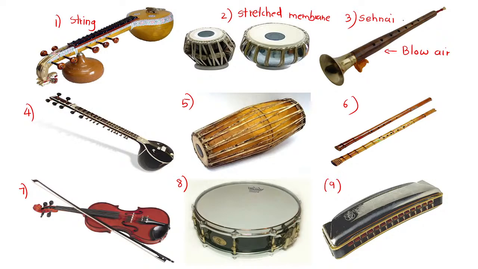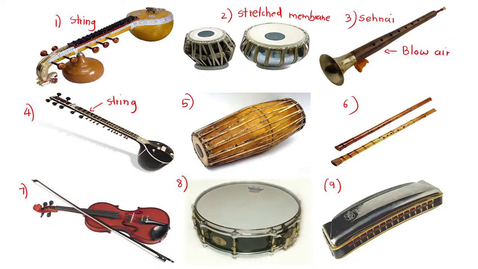He puts fingers on those holes, and the air molecules vibrate and produce a beautiful sound in the shehnai. Similarly, in this instrument there are also strings attached. These strings cause the sound production in this musical instrument.